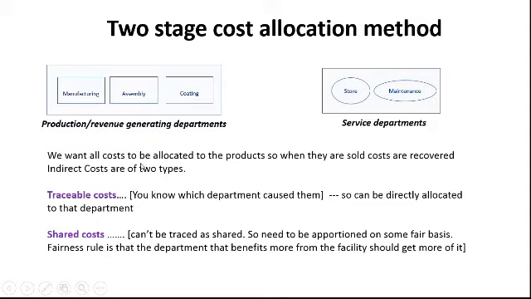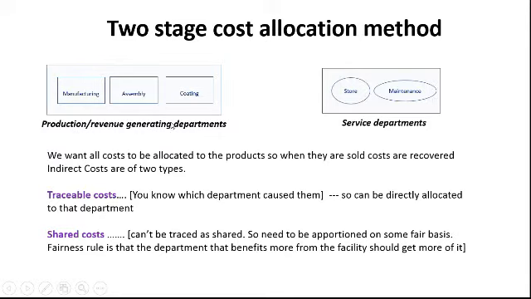Now we want to allocate all costs to the products, and we know that products are being manufactured here, not here. So our cost allocation has to go through 2 stages. In the first stage, we do not make a distinction between production and service departments.